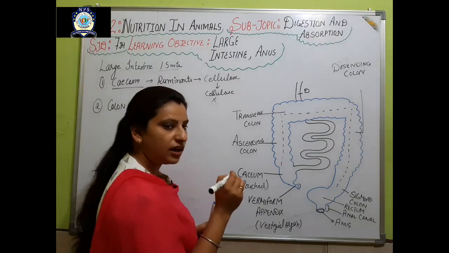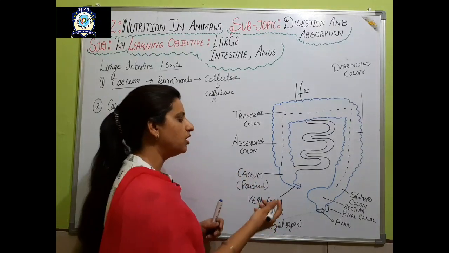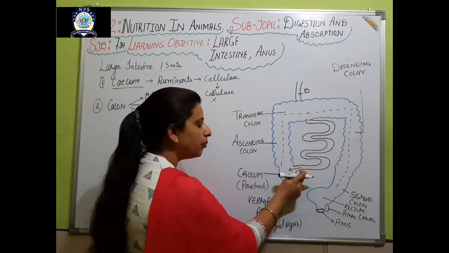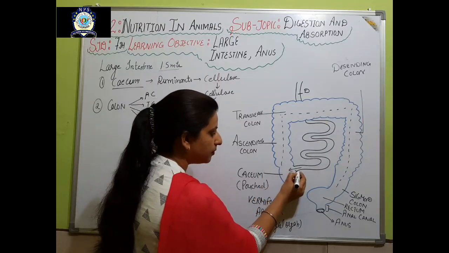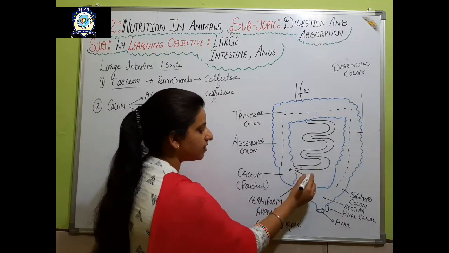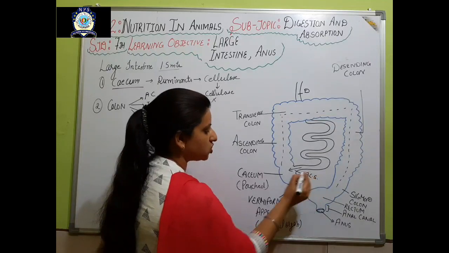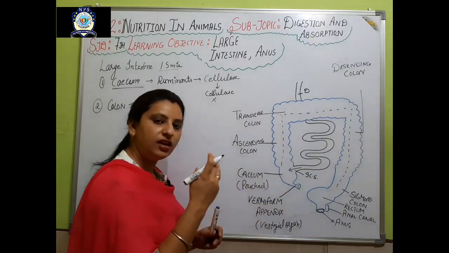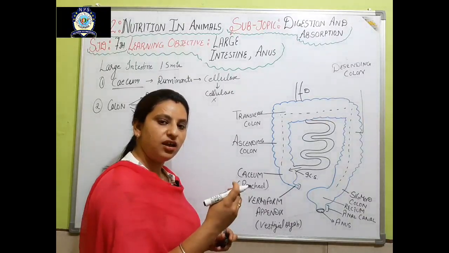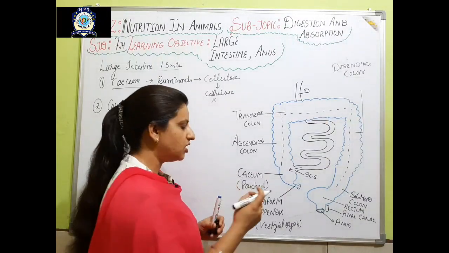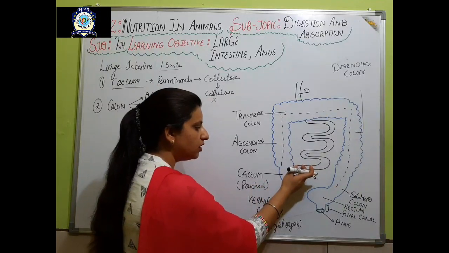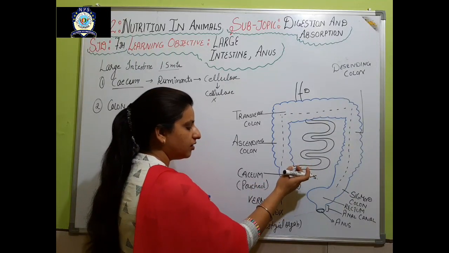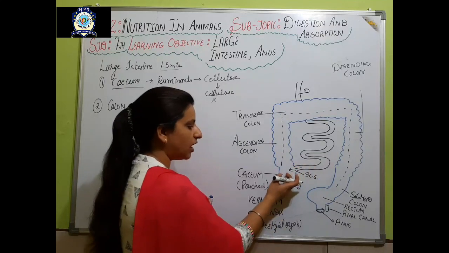The undigested food comes from the ileum part of the small intestine, and this sphincter is called the ileocecal sphincter, as it is very regularly and orderly managed. This sphincter opens up and sends the food from the ileum of the small intestine into the large intestine.